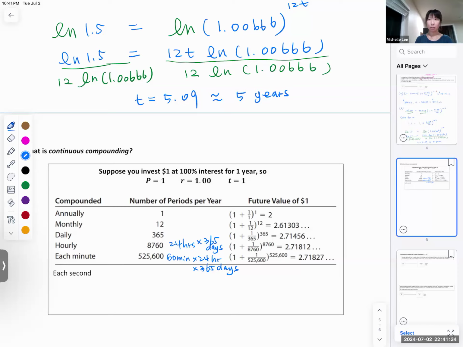Okay, each second. So 60 seconds times how many minutes? 60 minutes and 24 hours and 365 days. So we calculate, it's 31 million 536,000.